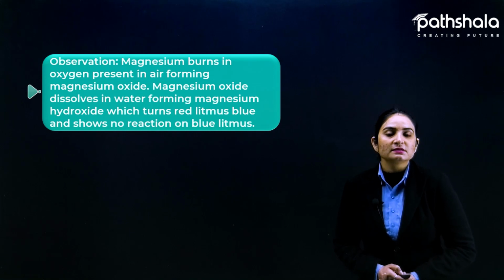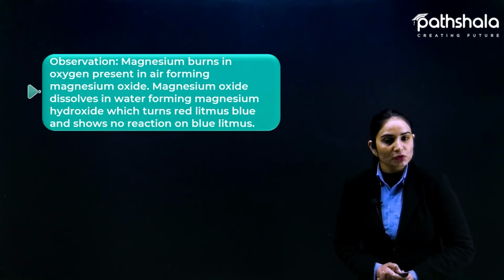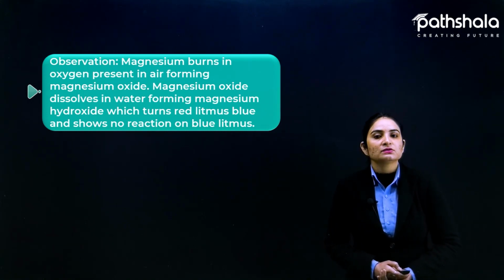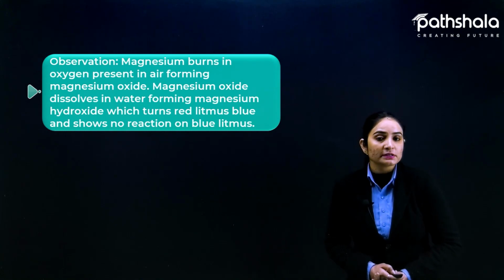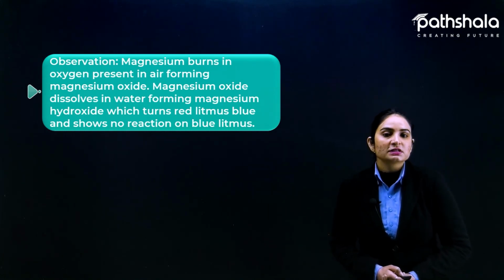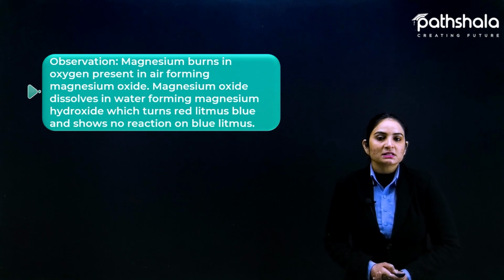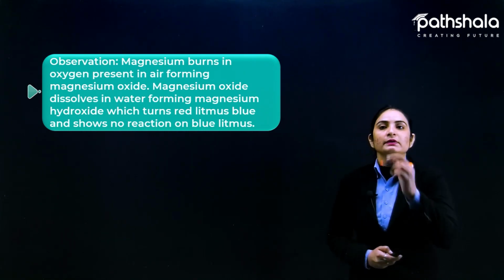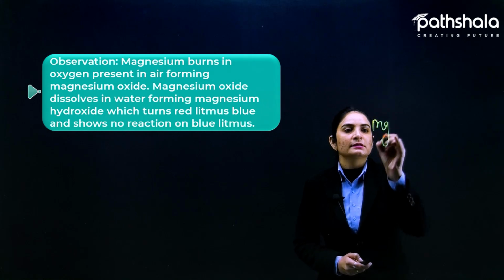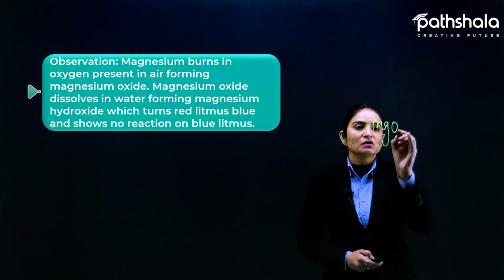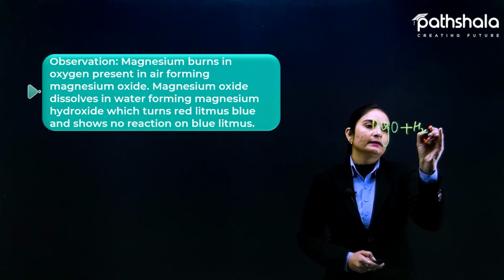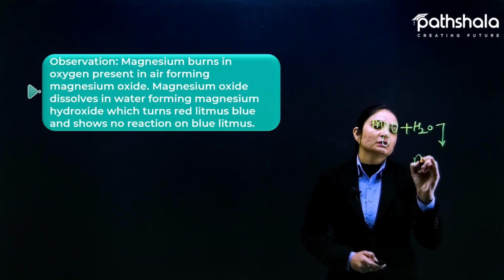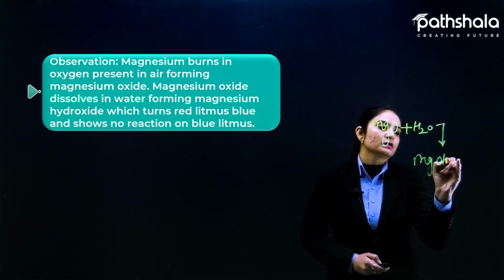Magnesium burns in oxygen present in air forming magnesium oxide, and magnesium oxide dissolves in water forming magnesium hydroxide, which turns red litmus blue and shows no reaction on blue litmus. So if there is no reaction on blue litmus, as we have already seen in the case of the reaction, when we added magnesium oxide to water, the solution we got is magnesium hydroxide.